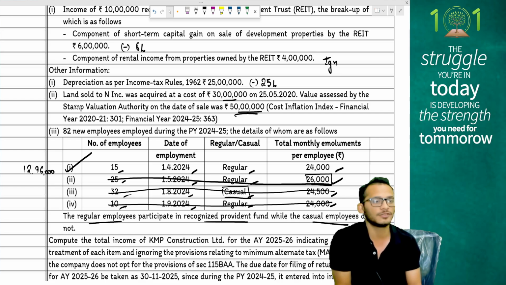First, write the provisions before you start writing the format. Why are we taxing this first of all?